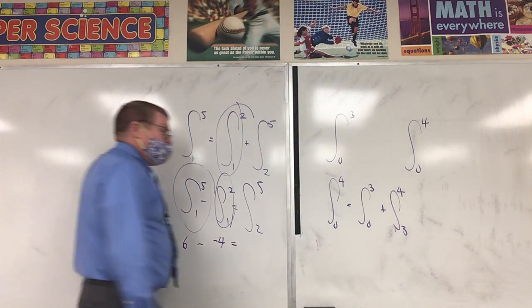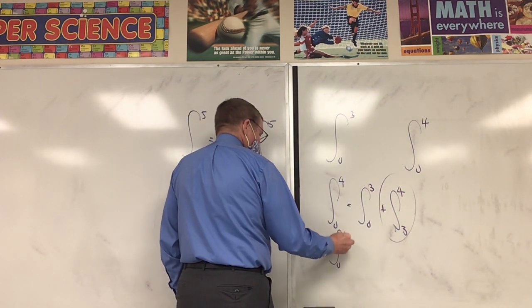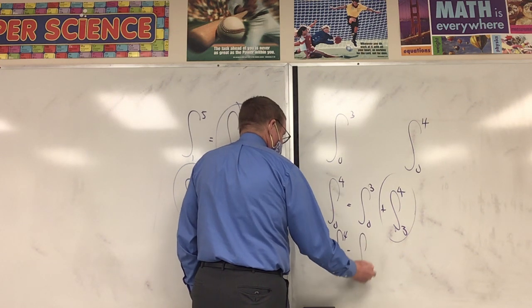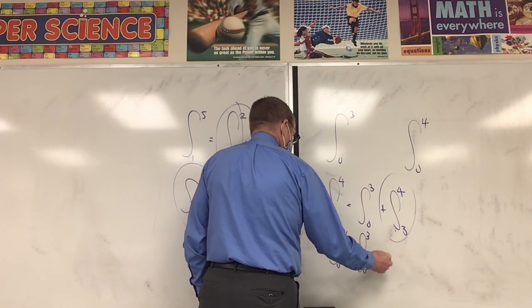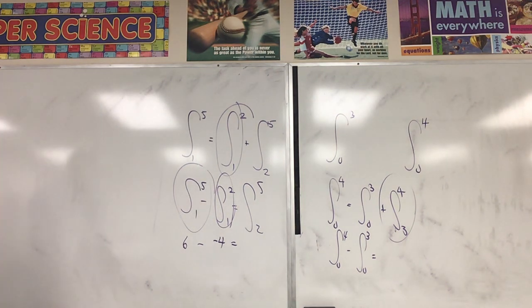All right, how do I find the integral from 3 to 4? That's the integral from 0 to 4 minus the integral from 0 to 3. That's how we get 7 minus 3. All right, letter B, the integral from 4 to 3. Connor.